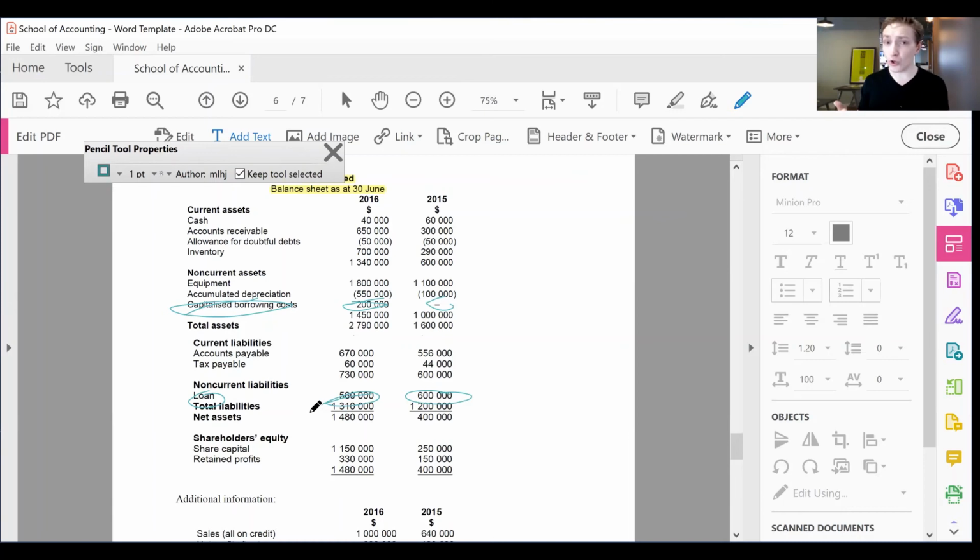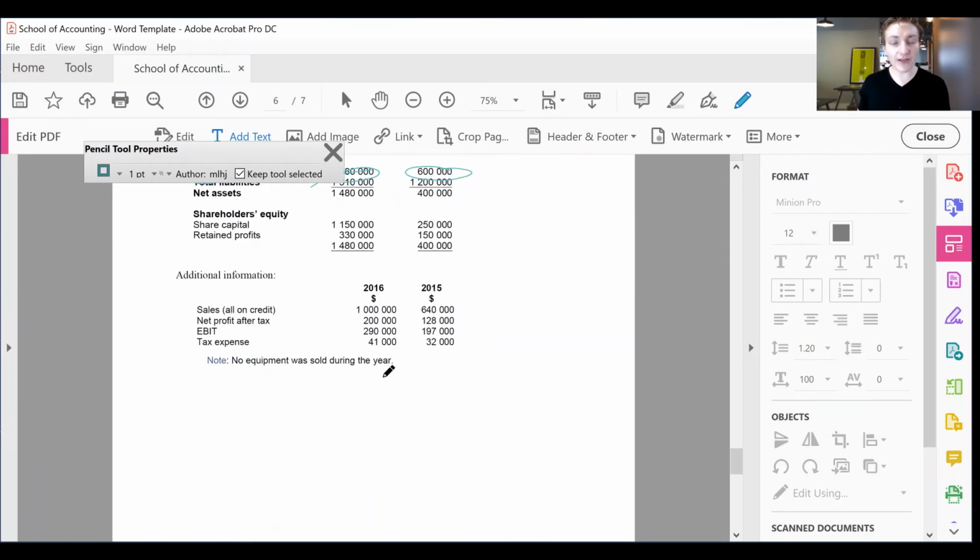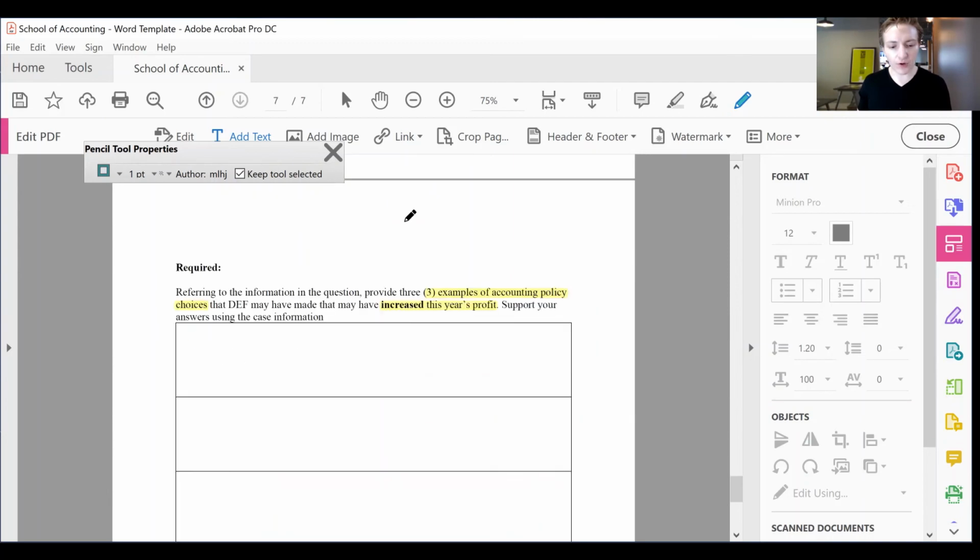It's not clear that those would have changed significantly. As a result, it appears the firm's treatment of borrowing costs will have changed profits. In particular, it appears the firm went from expensing it to capitalizing it. So that would be one thing that could be causing it. So that could be our first thing, the treatment of capitalization of the borrowing costs. So first, capitalization of borrowing costs.